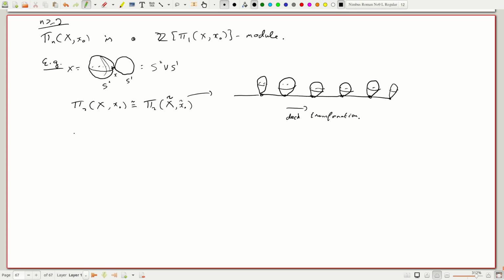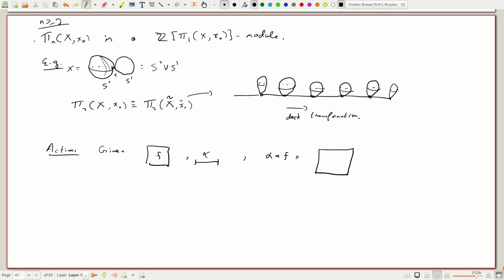The formal construction is actually even easier than this description. Namely, the action is the following. If I have given f like this, and alpha, which is a path. Okay, alpha acting on f is going to be the following.